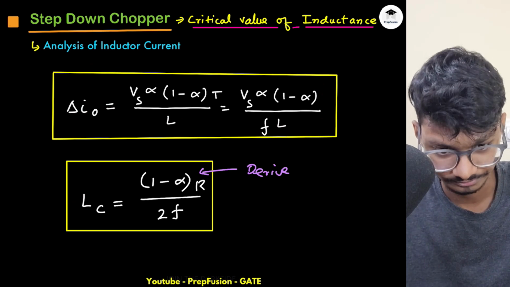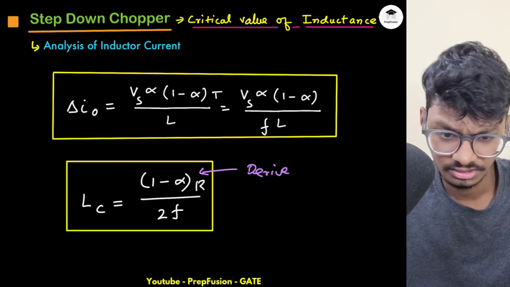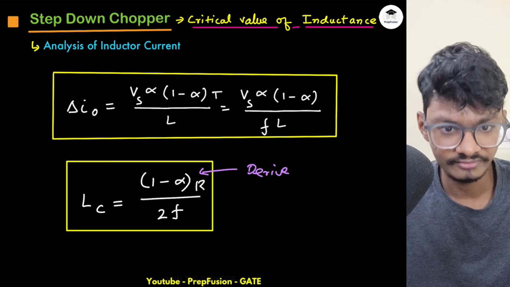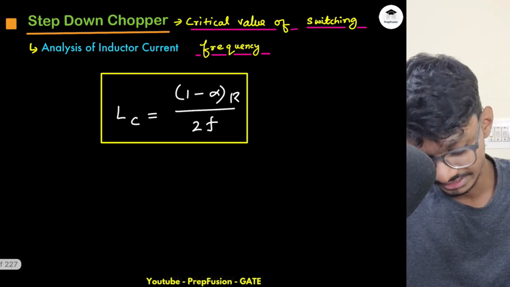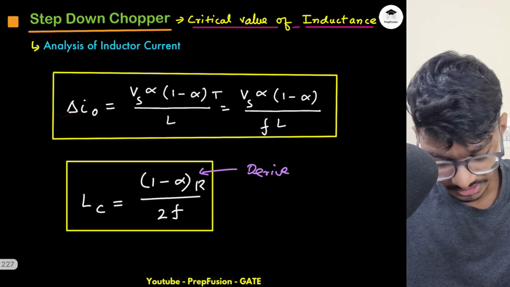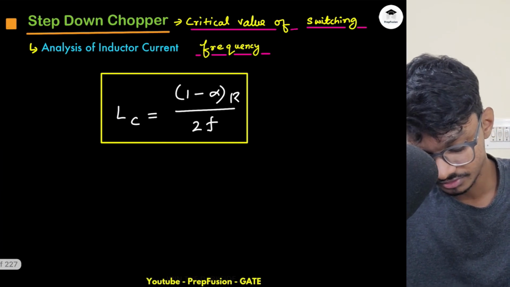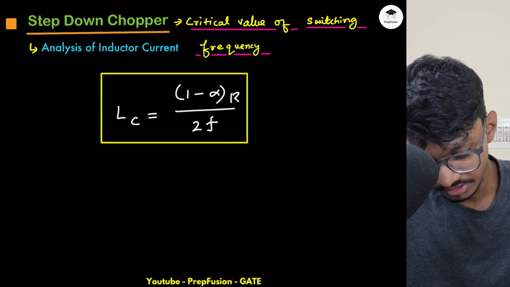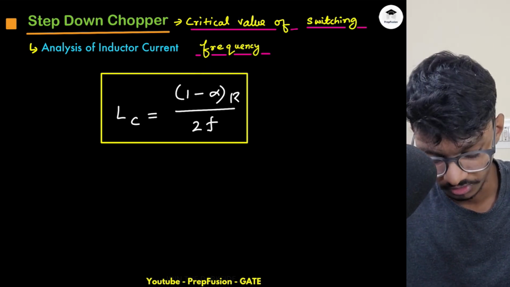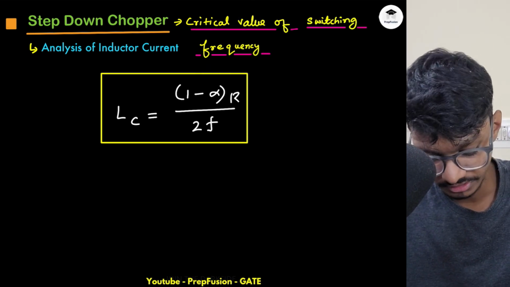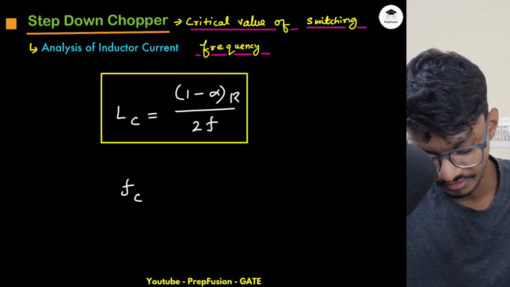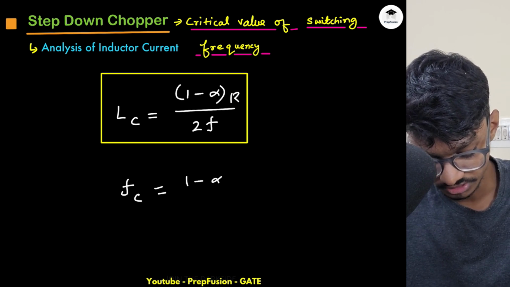Okay, critical value of alpha. So another thing there can be, right, critical value of switching frequency. So here, instead of this, if I replace F with FC, so basically critical value of switching frequency, you can remember this as well. This is the critical formula. If I replace L with LC, L will be just a simple constant value, but if I replace F with FC, everything will just be flipped.